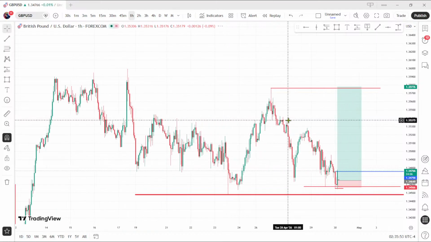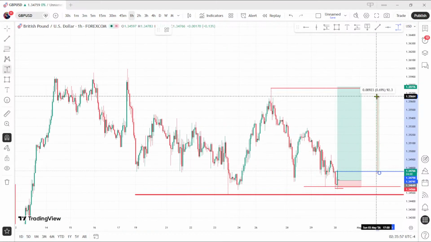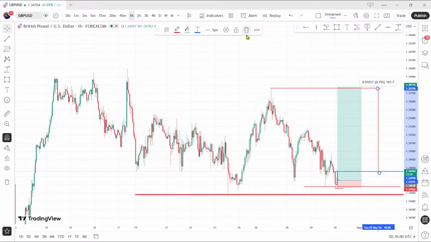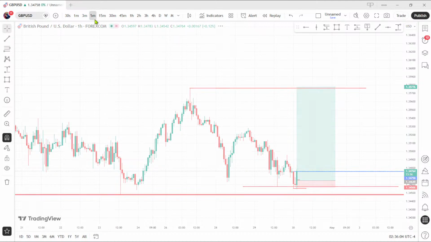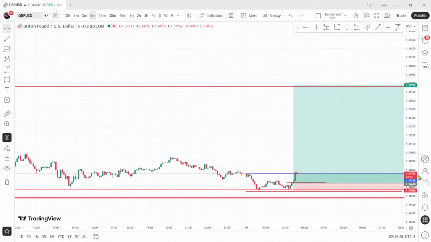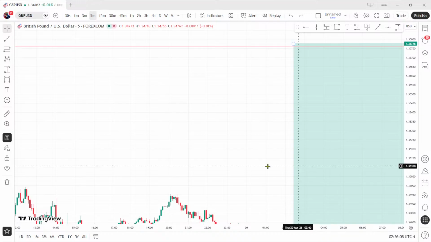It's a first push. Only pips of values. Oh, 100 pips. It might be. That's a retracement.